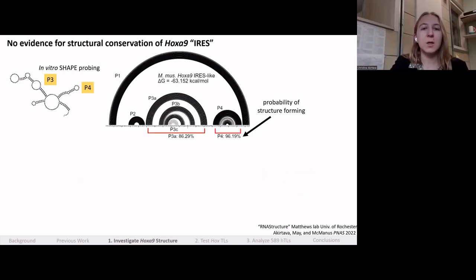First, I modeled the structure of the putative mouse IRES. That's shown right here. Each black line indicates a base pairing between nucleotides. I ran this program 10,000 times, and the probabilities are shown under these red lines.